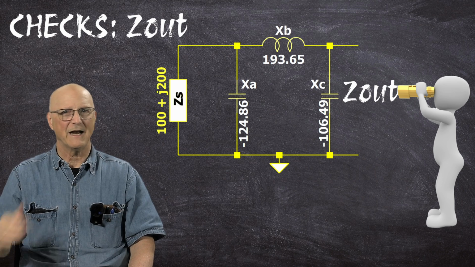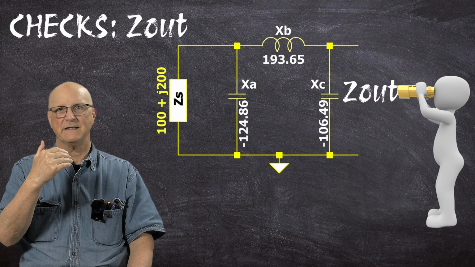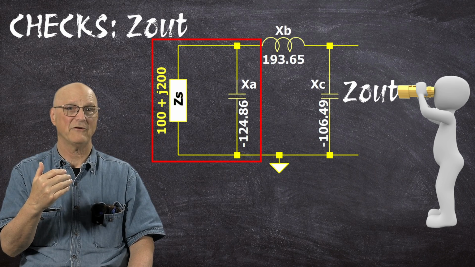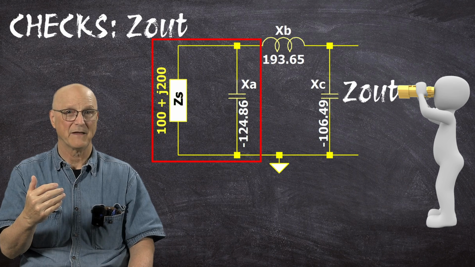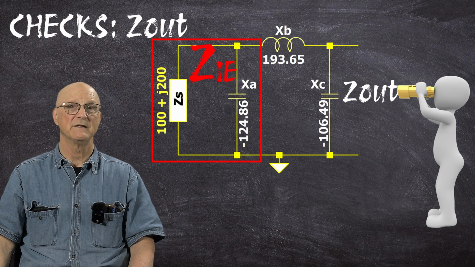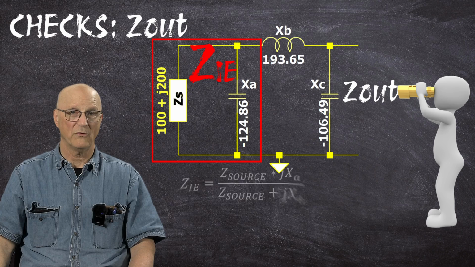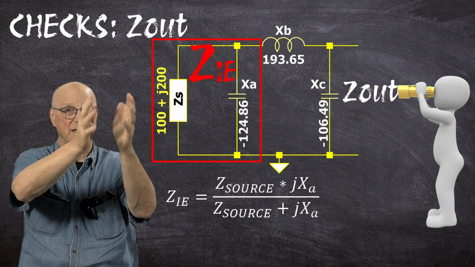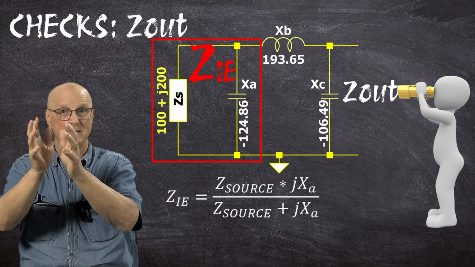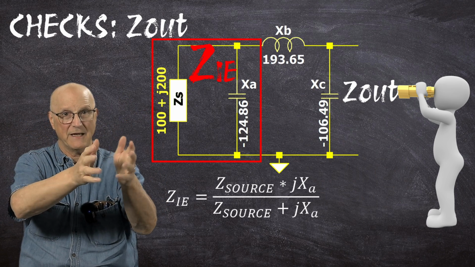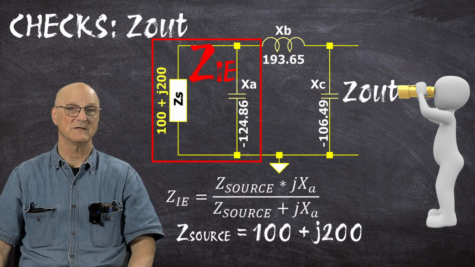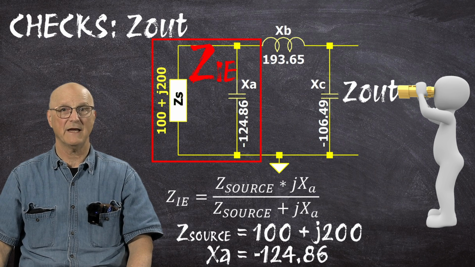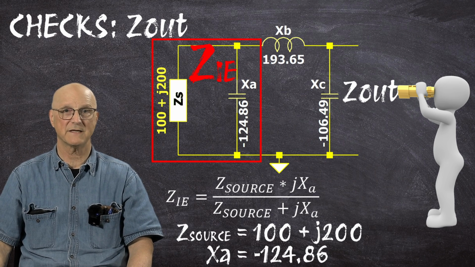The first thing that I see when I look at this is that the source impedance is in parallel with the input capacitor whose reactance is XA. I will call this combination Z_IE. So we have Z_IE is equal to Z source times jXA divided by Z source plus jXA, and our source impedance is 100 plus j200, and XA is a negative 124.86.